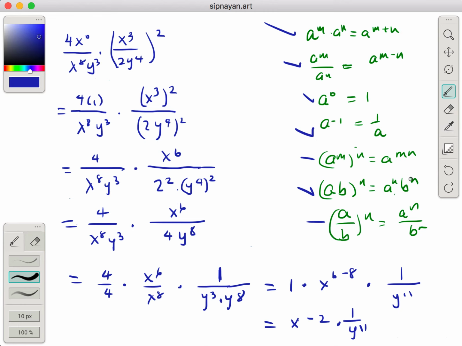Binababa natin siya and then we make the exponent positive. So, 1 over x squared. So, ito na siya. Binaba na natin siya sa numerator. And then, times 1 over y to the 11th. Which is equal to 1 over x squared y to the 11th. So, yun yung pinakasagot natin.